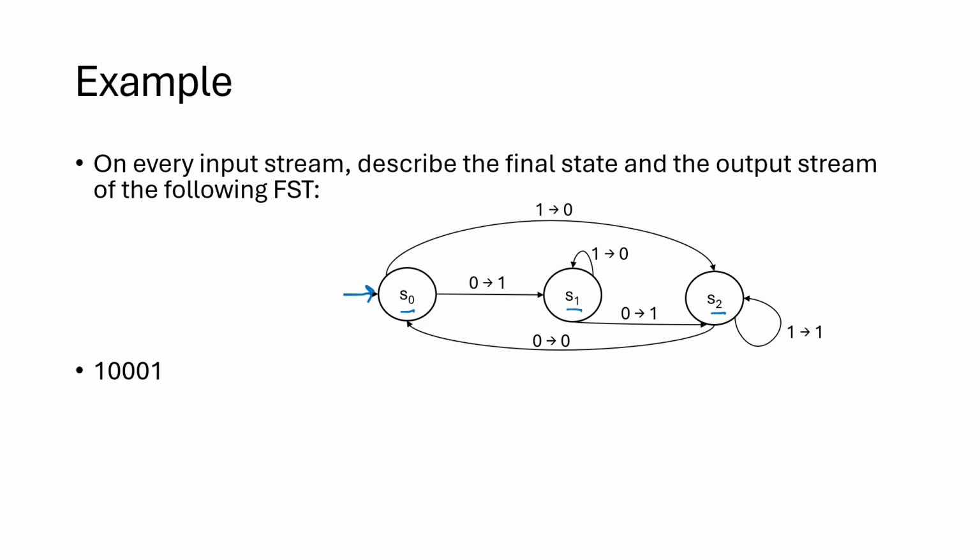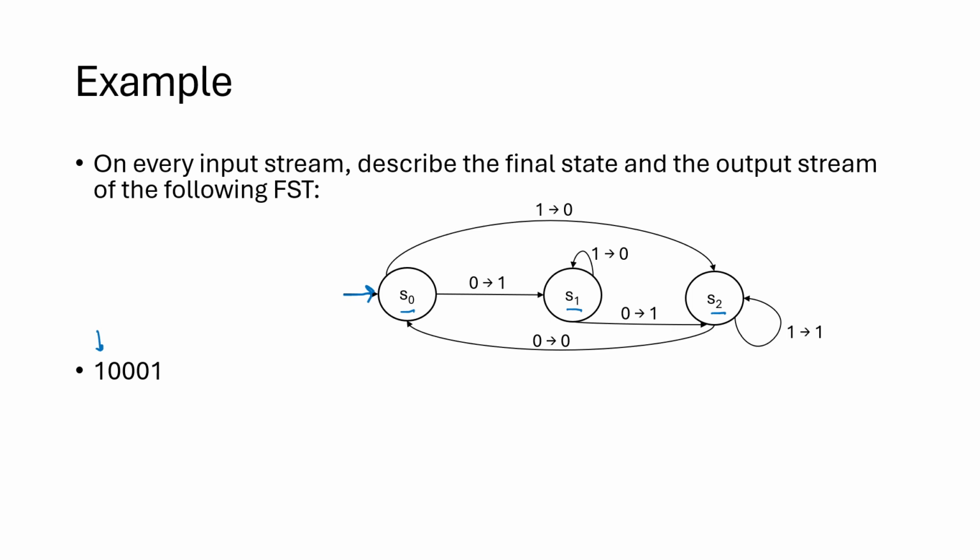Now, the question is, if my input stream is 1, 0, 0, 0, 1, what would be the output stream and what is the final state that I end up at? Okay, and what we need to do is, starting from S0, consume this input stream one symbol at a time, follow the edges to go to the next state, and keep track of the output symbols at each step.